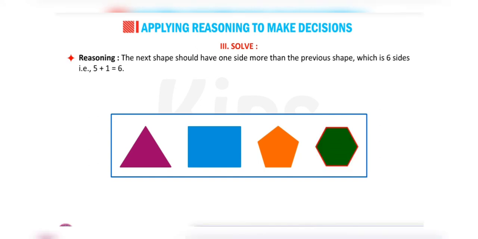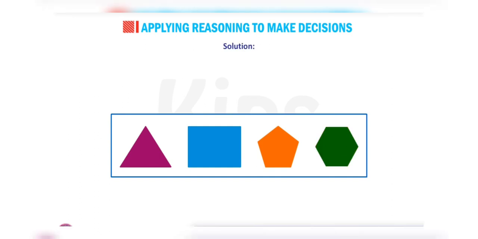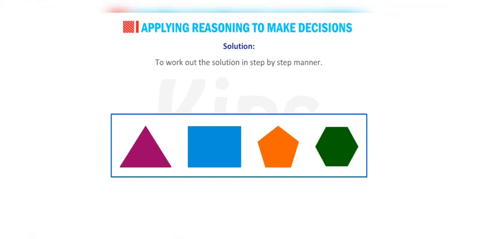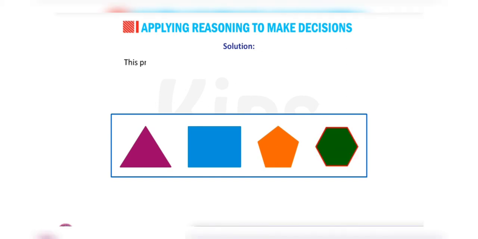Now this is our solution and we work it out. The solution is to work out in a step-by-step manner. When we are going to solve any complex problem, we have to work out the solution step by step. This proves that with logical reasoning, any problem can be solved.